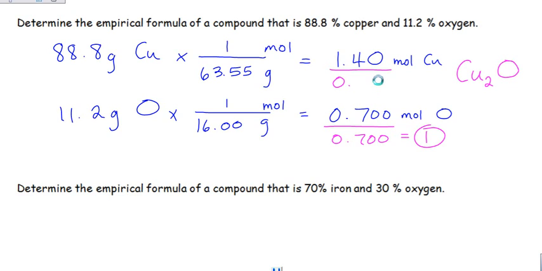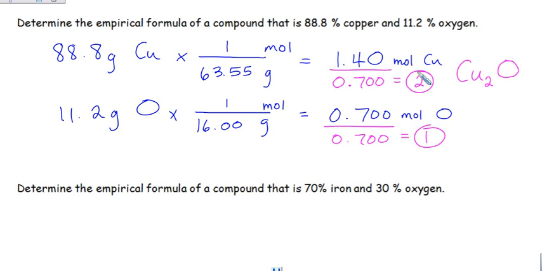We know that it's a 2-to-1 ratio. But again, if you had some kind of weird numbers, that's exactly what I would do. Divide them both by the smallest. 0.7. And then this would give us our 2. 2-to-1. Perfect.